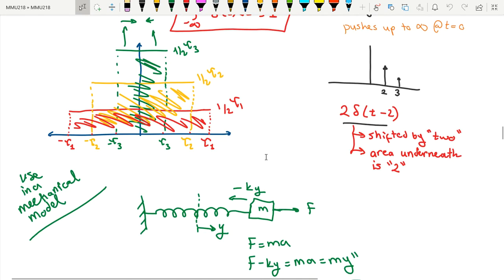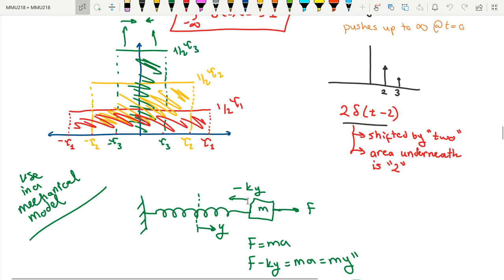So let's use it in a mechanical model, our famous spring mass model. If it appears like this too much in this course, you will see it in the rest of the courses quite a bit. That's an indicator. So now I have a mass. I'm pulling it, let's say, with a force, and force is equal to ma.